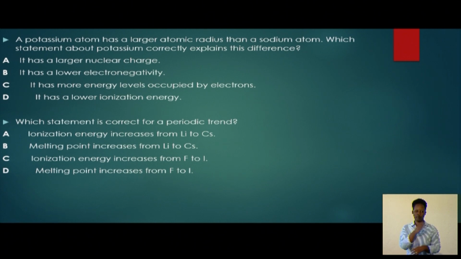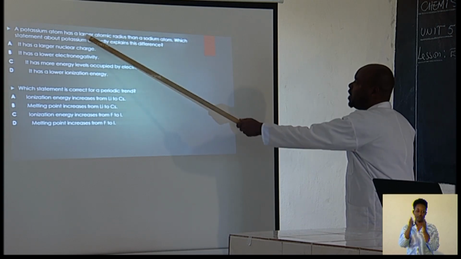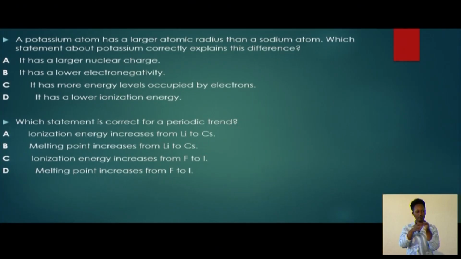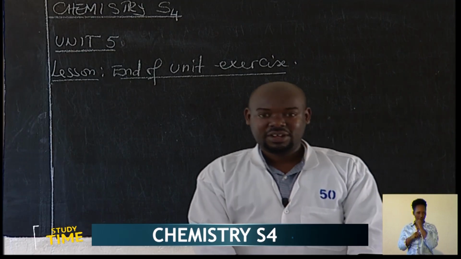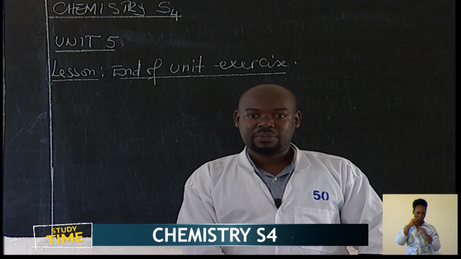And which statement, the statements we are suggesting here are to explain why a potassium atom has a larger atomic radius than a sodium atom. So which statement will explain better that difference? Think about it, and you write down the answer.